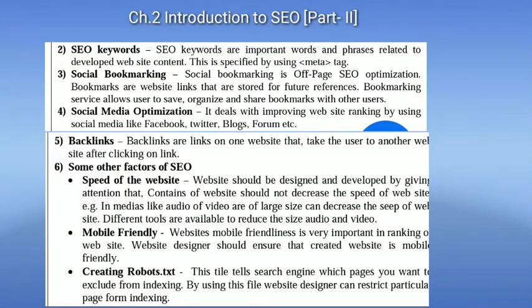Suppose you are developing web page related to computer, then words related to computer are keyboard, mouse, monitor, printer, motherboard, RAM, etc. If you put these keywords in meta tag, then if user searches for RAM or keyboard or mouse, it is possible that search engine will display your page as a search result, because you have put these keywords in your web page within meta tag.